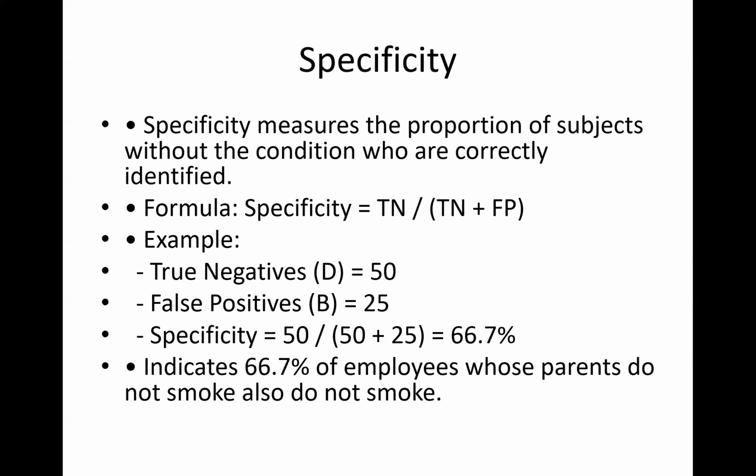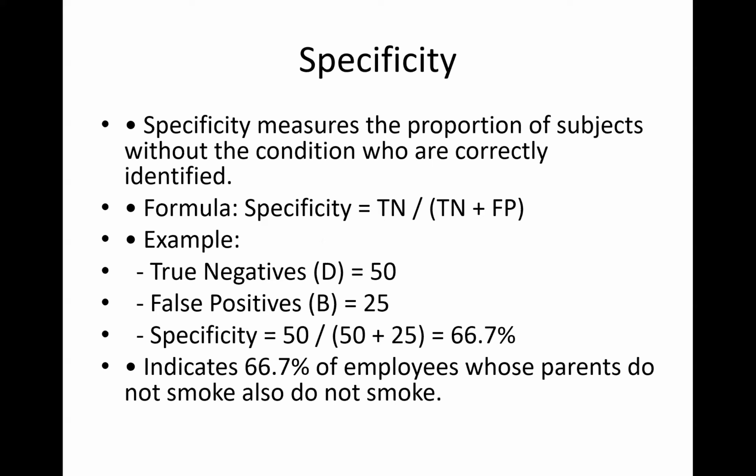When we talk about specificity, however, we're talking about the proportion of subjects without the condition. In other words, the number of false positives. And we can calculate that by taking the total number of true negatives and dividing by the total number of true negatives plus the false positives.